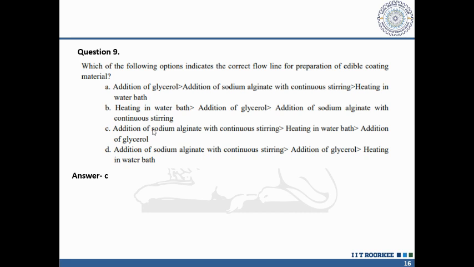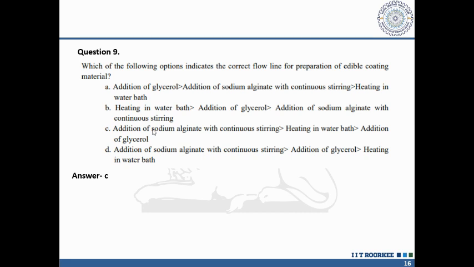If you have seen biofilms, they are very flexible, and that flexibility comes from glycerol. If you don't add any glycerol, those films will be very fragile. When we prepare an edible coating or a packaging film, we need to add some kind of plasticizer, so it gives some flexibility to the material.